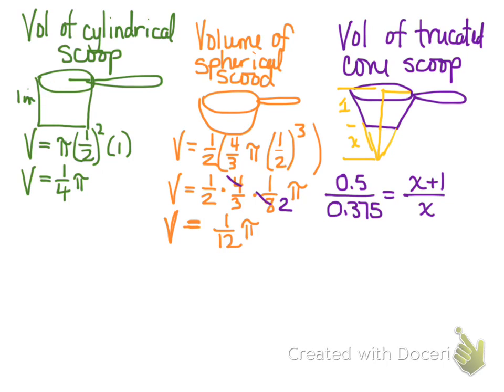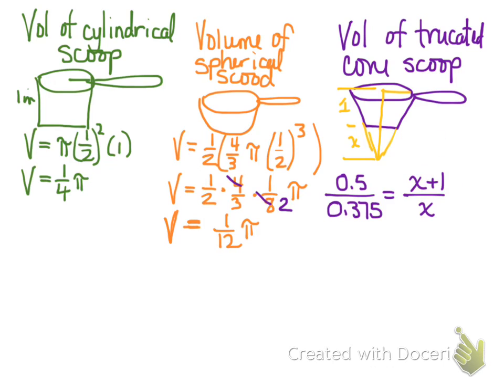We've got 0.5 being the radius of the large base, and then 0.375 being the radius of the smaller base. And then x plus 1 is the height of the large cone, and x is the height of the small cone, the part that's lopped off here.